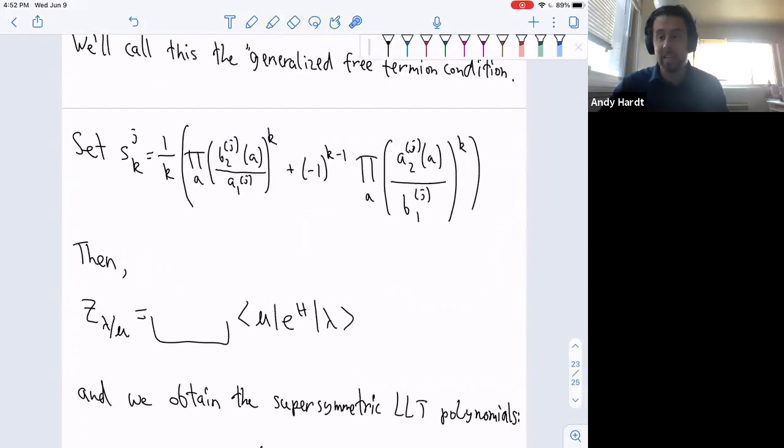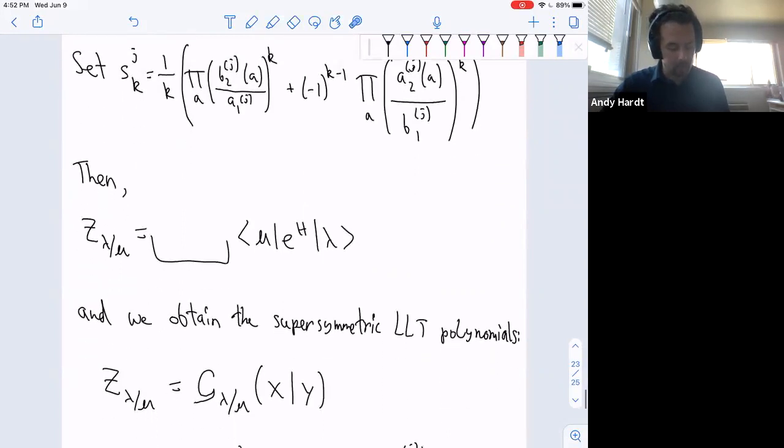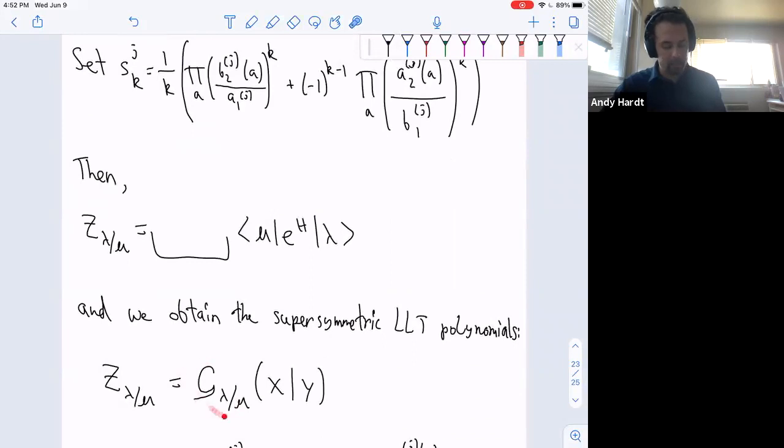And the thing that these authors showed is that we obtain the supersymmetric LLT polynomials from these partition functions, from these Hamiltonians. We're all calling this the supersymmetric LLT polynomial.